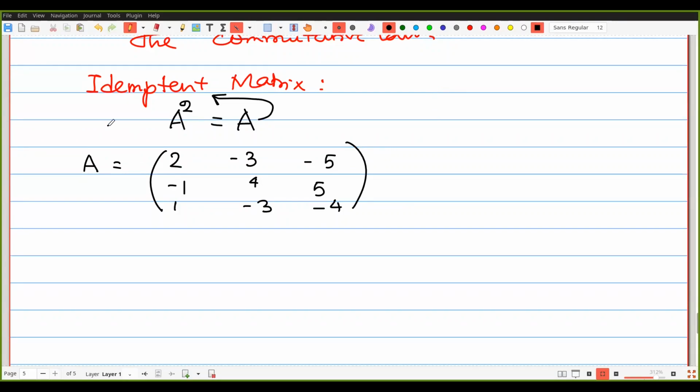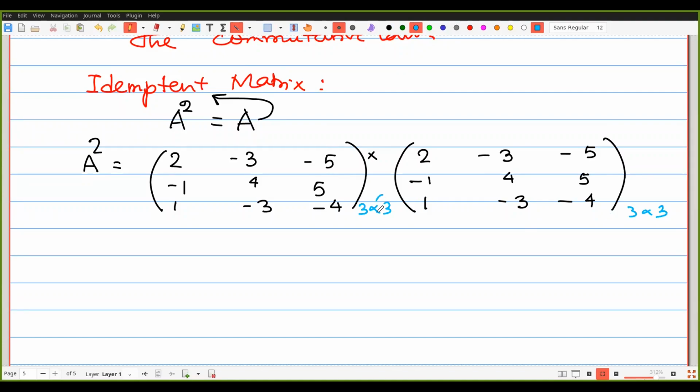A square means A into the same matrix. That one was 3 cross 3. That one is also 3 cross 3. Its column number and its row number are both equal, so the multiplication is possible.